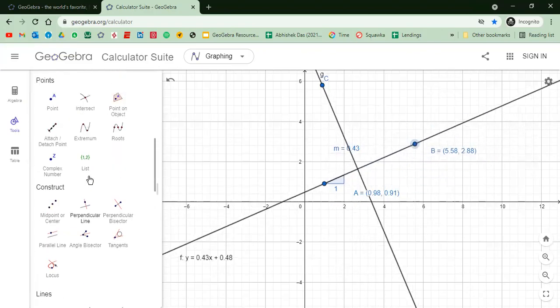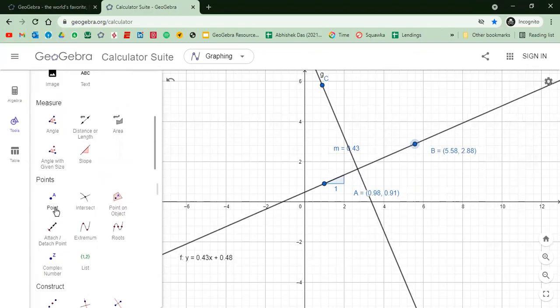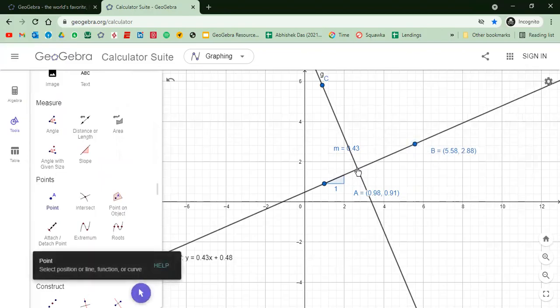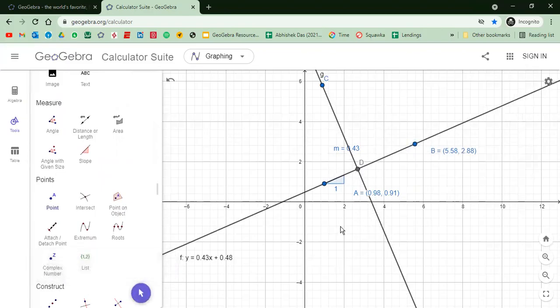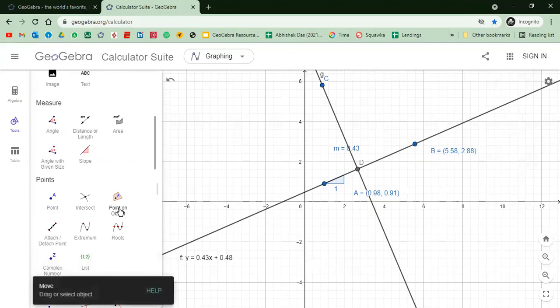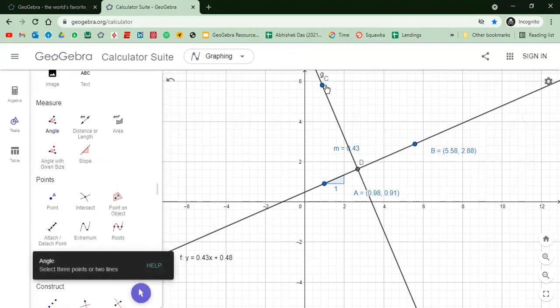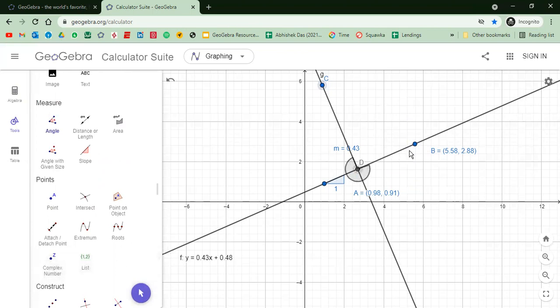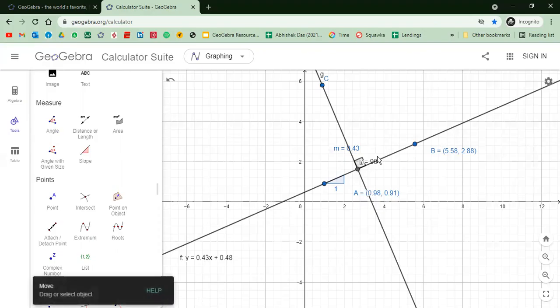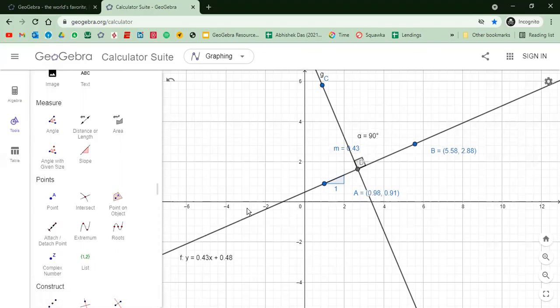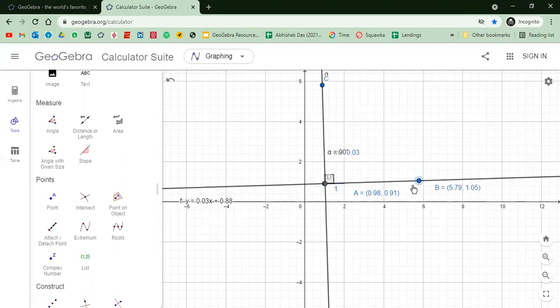We can check this by putting a point out here at the intersection, and let's figure out the angle between B, D, and C. You will notice that it is always a right angle. All right, remove this.